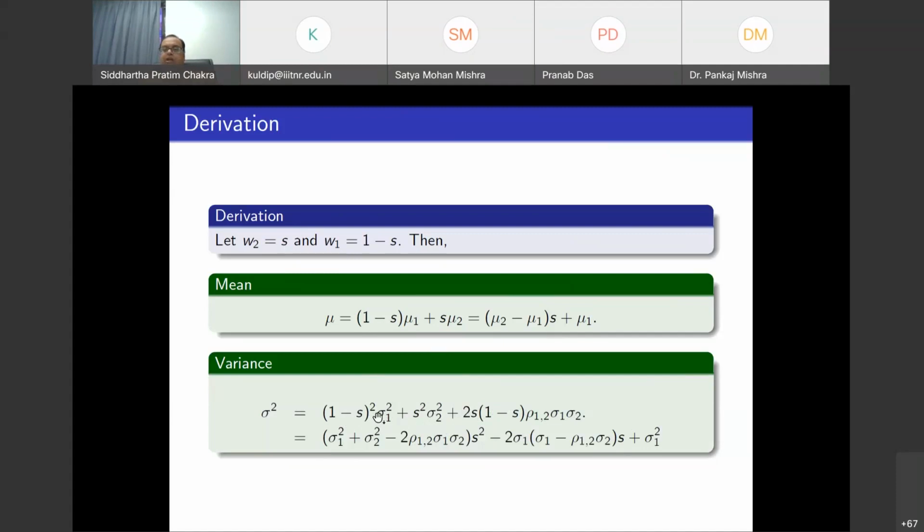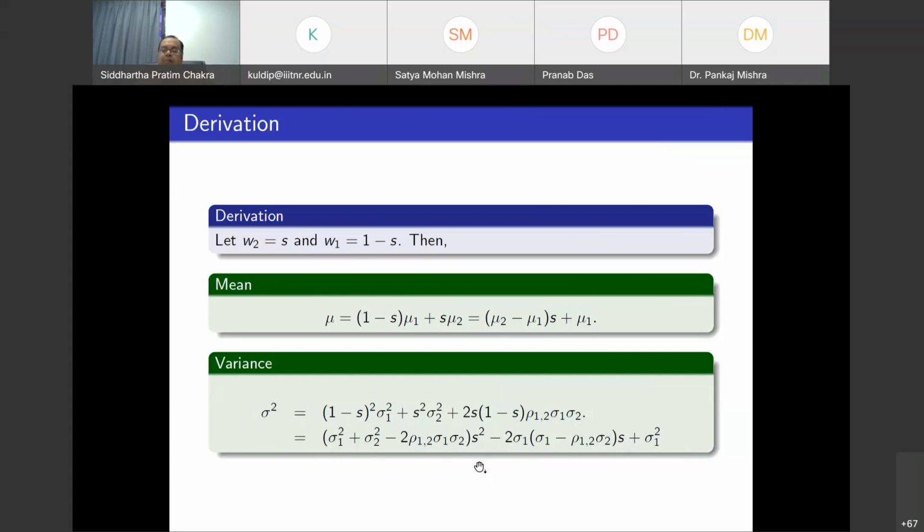It contains linear terms, that is just the S terms, and some constants. So I write this in the quadratic form as this expression into S square minus this expression into S plus sigma square. Now you see, this minimum variance can be found by finding the minimum of this function of a single variable S.